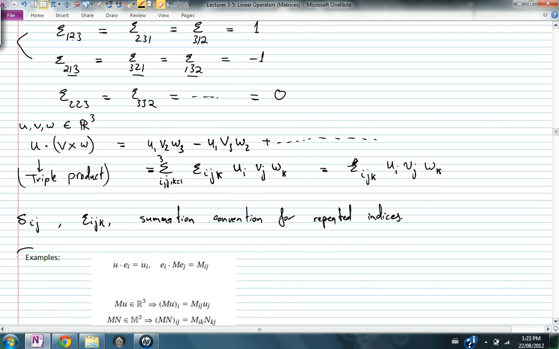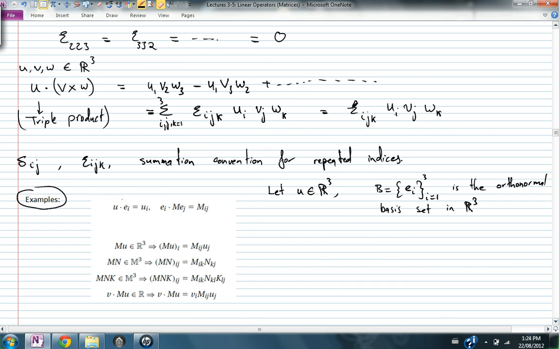So let's look at examples. The first example is what happens when I take the dot product between a vector u in R3 and e_i, where e_i is the orthonormal basis set in R3.